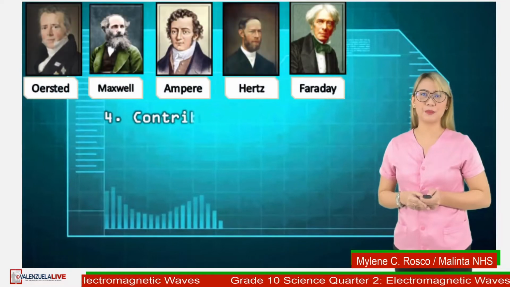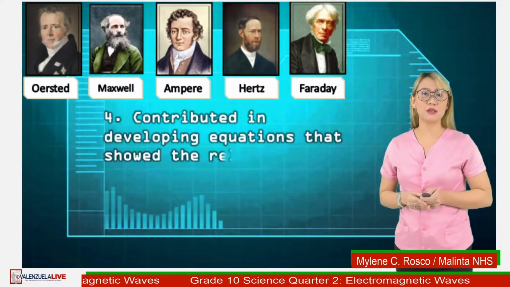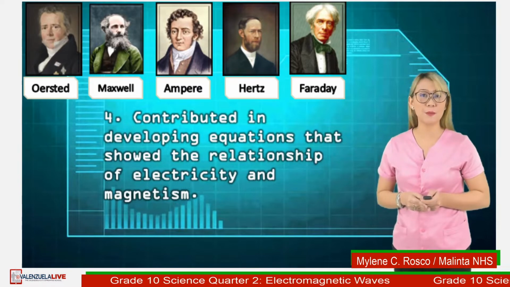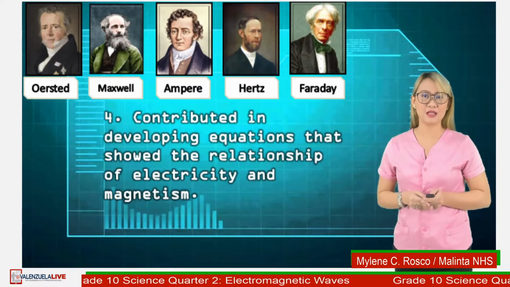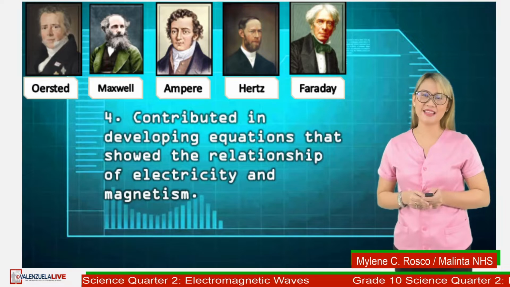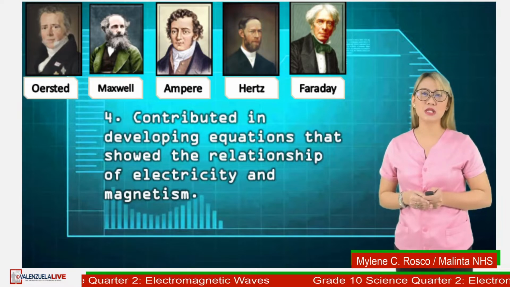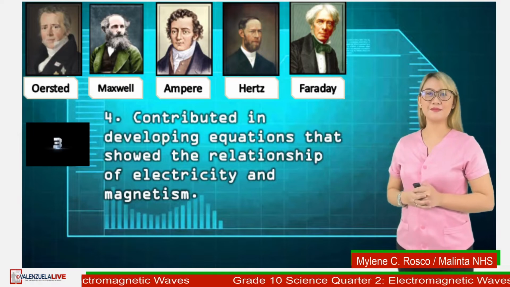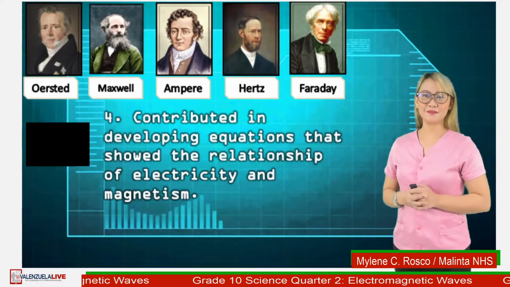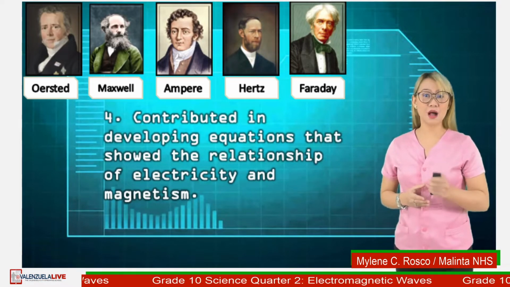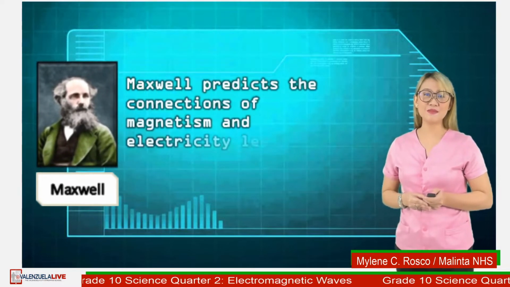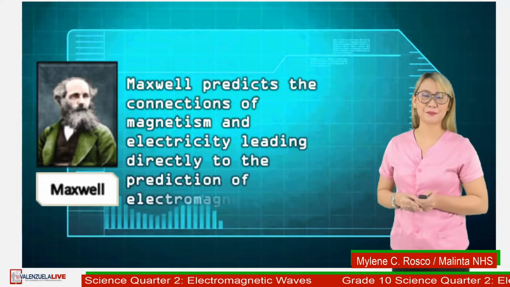Fourth question. He contributed in developing equations that showed the relationship of electricity and magnetism. Who is that scientist? 5 seconds starts now. All right, time is up. The correct answer is James Clerk Maxwell.